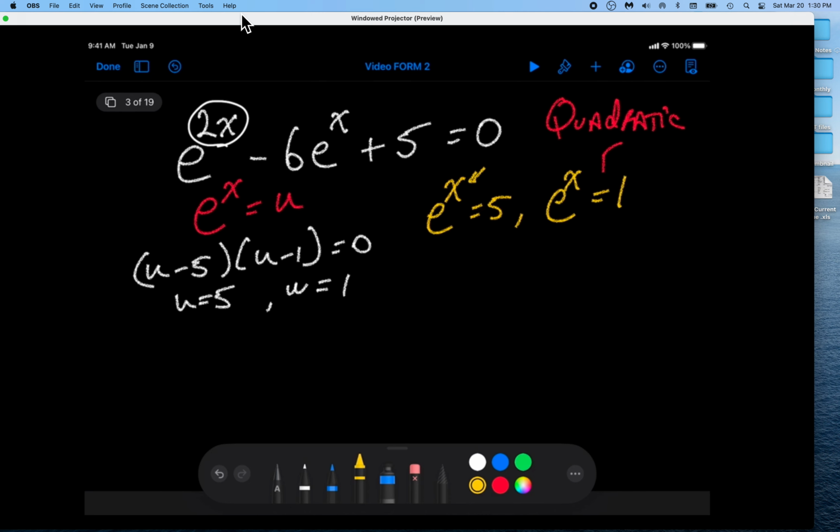There's no way to get a common base between the 5 and the e. We take the natural log of 5 and the natural log of e to the x. When the base in the log matches the base in the argument, these cancel out, and we get x equals ln of 5.